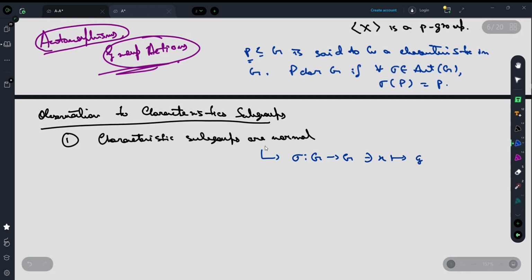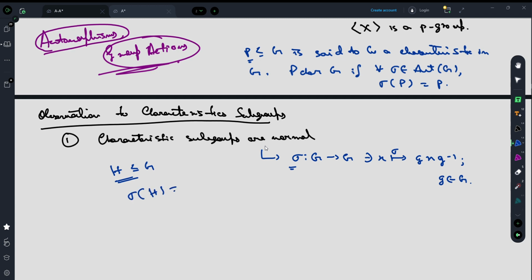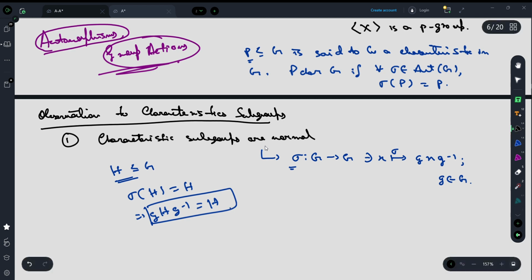Conventionally, let me denote this as sigma, which sends X to G X G inverse, where G is an arbitrary element from capital G. So if you consider this automorphism and a characteristic subgroup H of G, it gets fixed under every automorphism. So sigma will also fix H, but then sigma of H by definition is just G H G inverse. Clear?